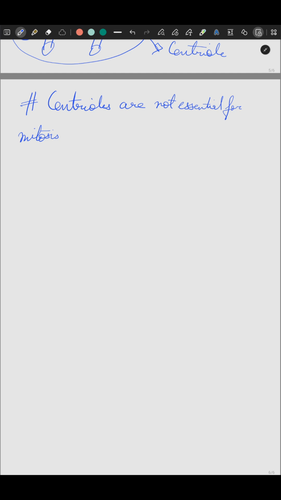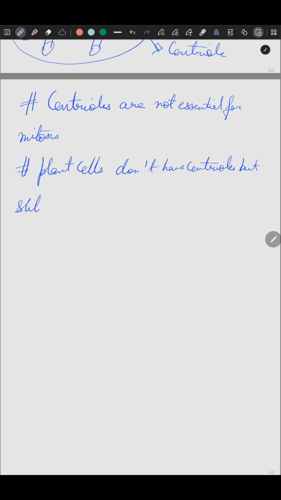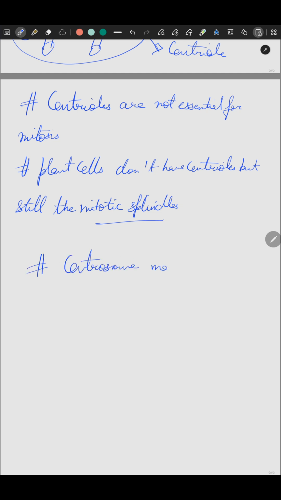You can see that plant cells don't have centrioles, but still the mitotic spindle forms. How is it formed? It is formed by the centrosome material, which helps in organizing microtubules.